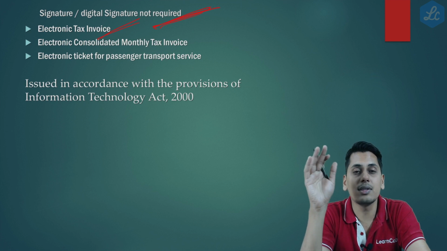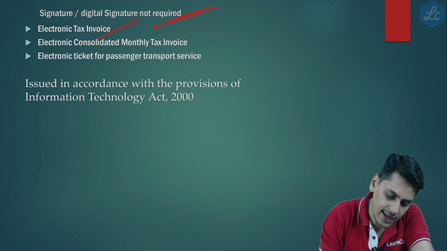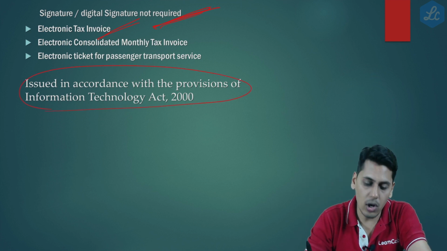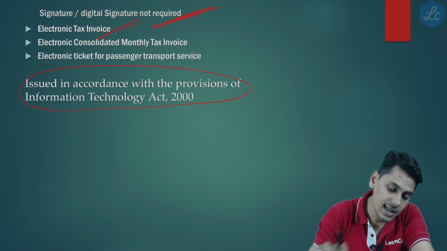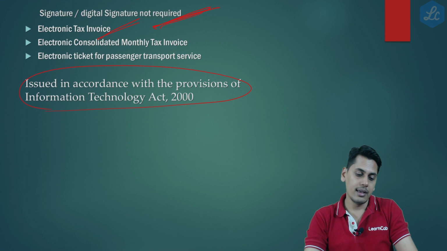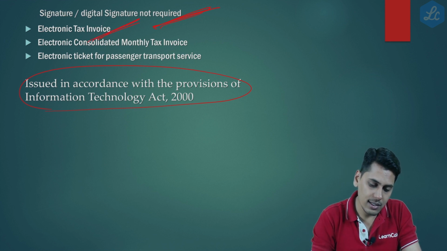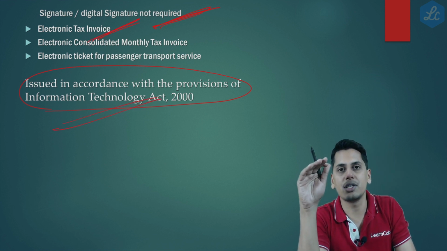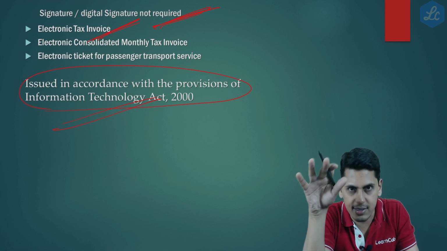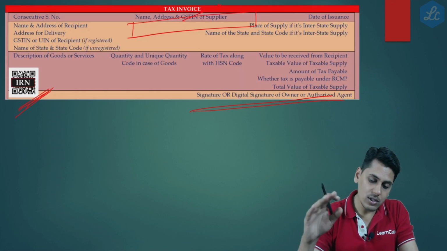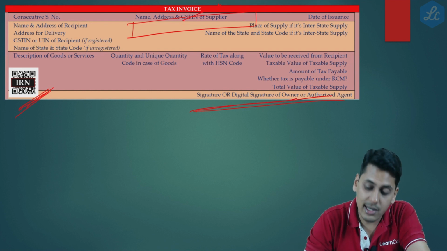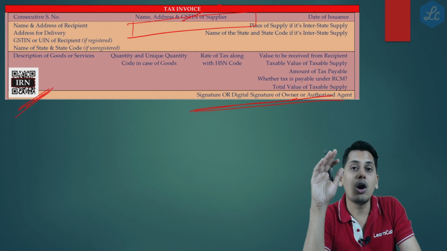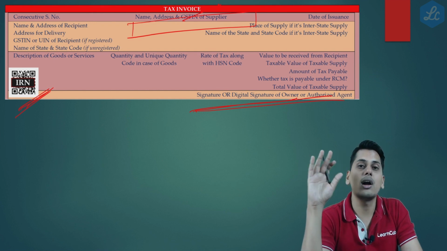Now friends, what was that electronic tax invoice? The electronic tax invoice was those which were issued in accordance with the provisions of the Information Technology Act 2000. Now friends, this e-invoice which you are raising, can you call this an electronic tax invoice which is issued in accordance with the Information Technology Act 2000? The answer is yes. So friends, in case of e-invoice which is being prepared in terms of rule 48 sub rule 4, signature or digital signature of the owner or of the authorized agent is not mandatory.